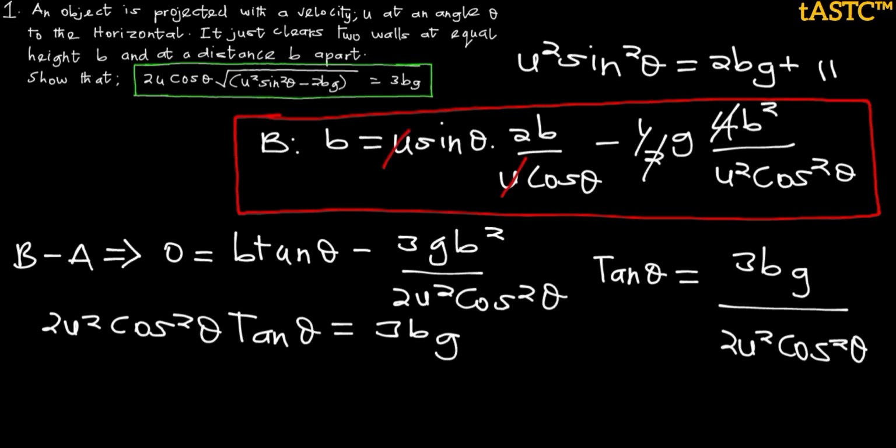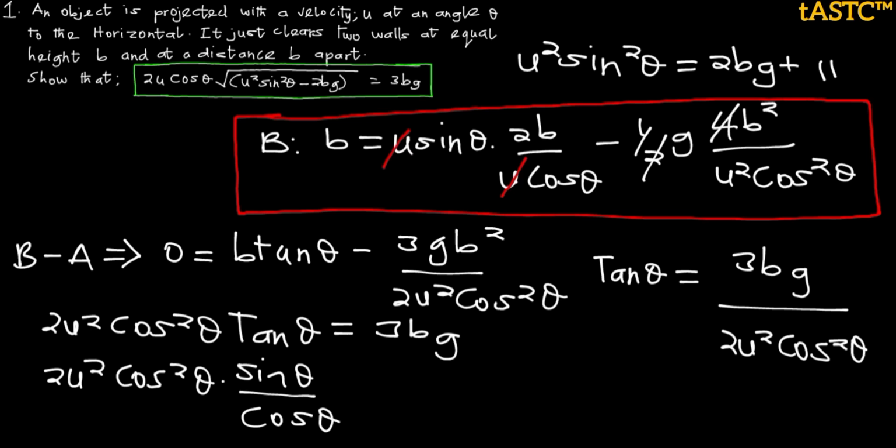Now what is going to be the next thing that we need to do? So we need to change this stuff. So first we got 2u squared cosine squared theta. This is going to be sine theta divided by cosine theta. Now cosine theta is going to cancel one of it here.